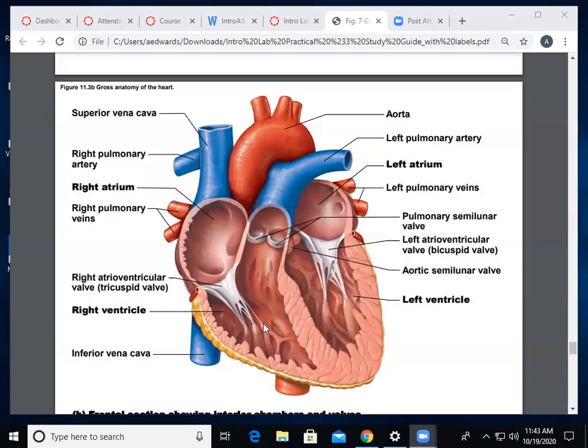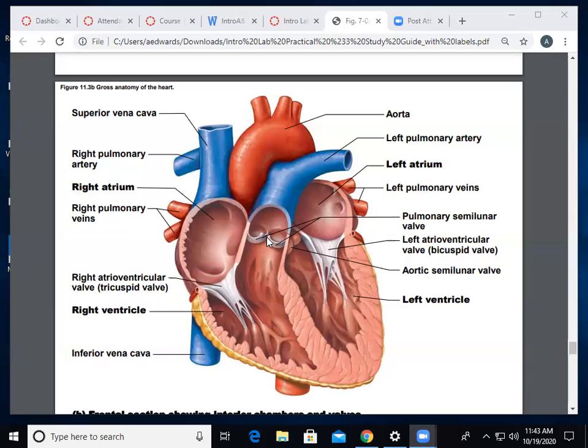Again, when that cardiac muscle contracts, it pushes blood back up, closes the atrioventricular valve, and opens the pulmonary semilunar valve. Okay, so this one is the pulmonary semilunar valve.